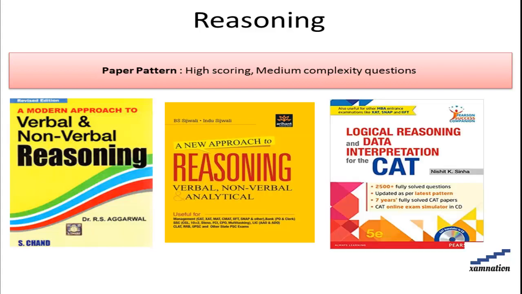But to make sure that you are not only solving easy questions and you are trying your hand at the difficult questions, you should also try some CAT level book, for example Arun Sharma or Nishit Sinha. So this way you will be solving both easy and tough questions, right?